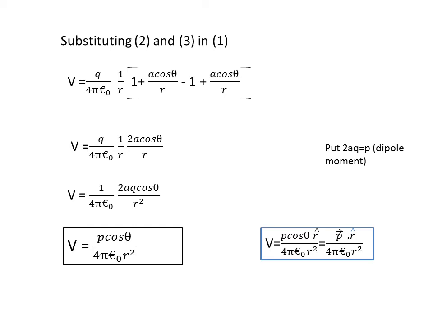So we are going to multiply this equation with r cap, where r cap is a unit vector in the direction of vector r. It has a magnitude 1, so multiplying this term with r cap does not change the value of V. So instead of p cos theta we can write vector p dot r cap. So in the vector form we have V is equal to vector p dot vector r cap by 4 pi epsilon 0 into r square.